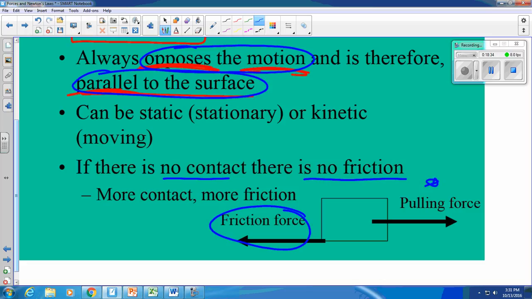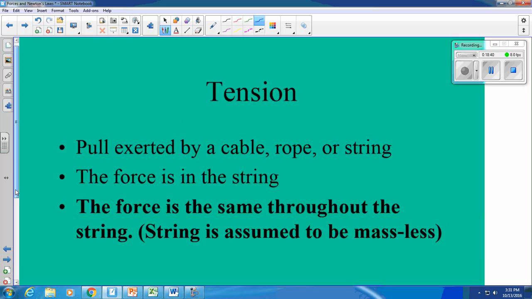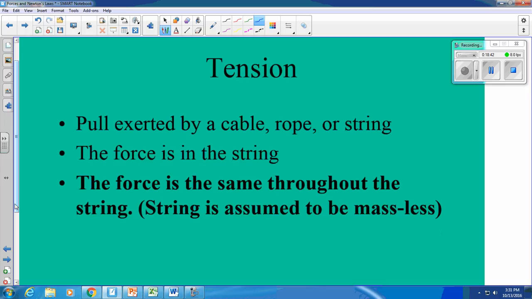So frictional force. Last but not least, that we're going to talk about before we do a couple practice problems here is tension. Tension basically is a force that's in a cable, a rope, or a string. The book's going to say tension. They might tell you the force in the string, or they might say the tension in the string.